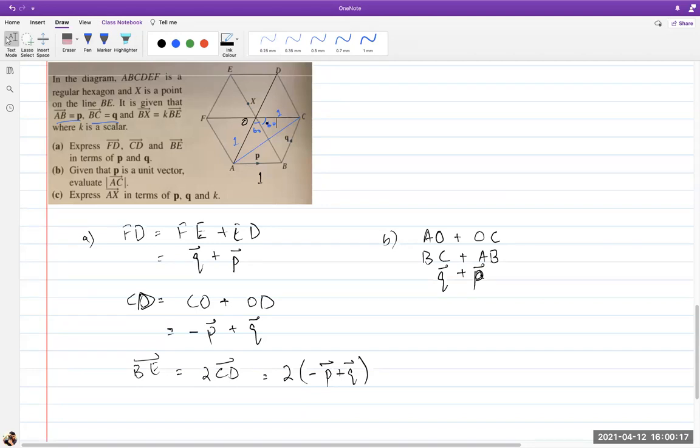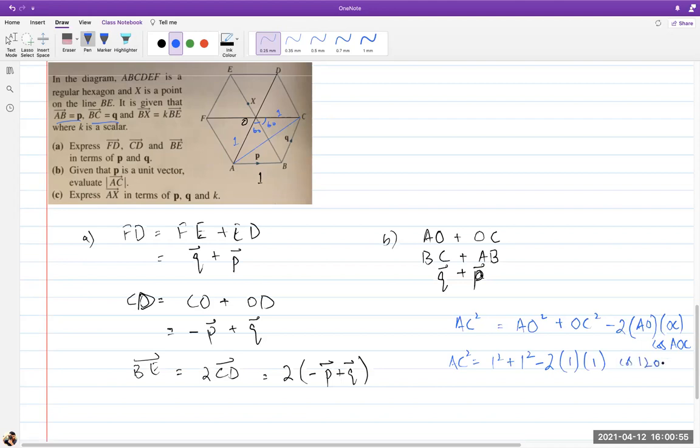No, sir. Can you please do it? Sure, of course. So AC squared is equal to AO squared plus OC squared minus 2 times AO times OC times cos of the angle between A, O, and C. So AC squared is equal to AO, the length is 1, so 1 squared, plus again OC is length 1, 1 squared, minus 2 times again 1 and 1, times cos of 120.